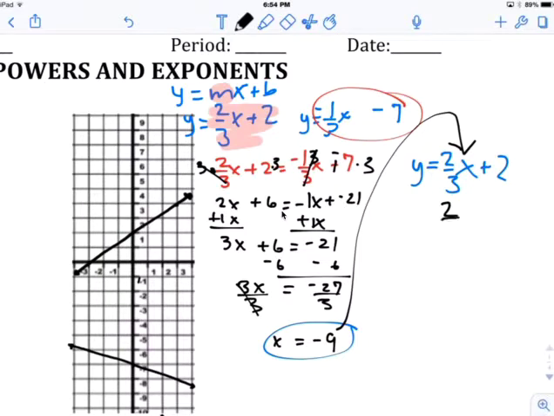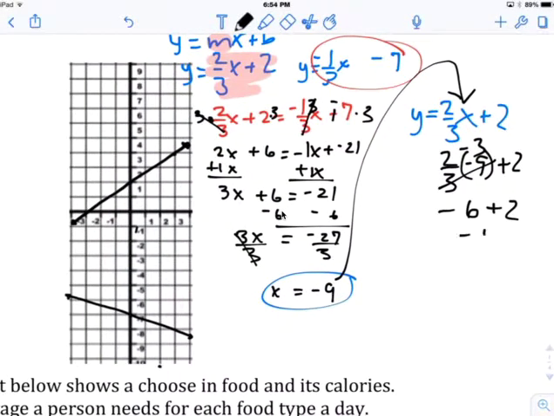Okay, 2 over 3 times negative 9 plus 2, cross cancel. Negative 6 plus 2 is negative 4. So it will cross at negative 9, negative 4. Does that make sense? Yeah, I can cross somewhere over here. Right there. Yep, makes sense. Always check to see if your answer makes sense, okay?